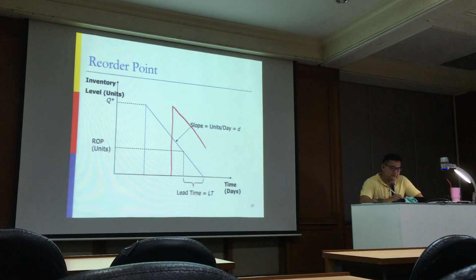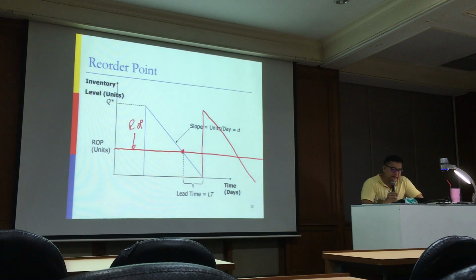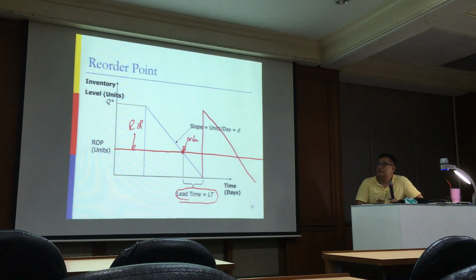let's say this is a reorder point, right? And when the demand is going down and reaches the reorder point or below, in this case we're going to make an order, right? And then we're waiting around the lead time.